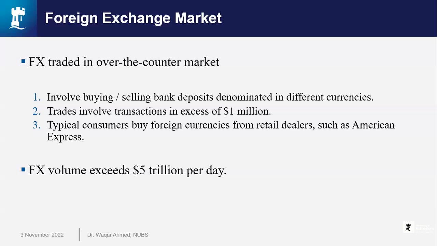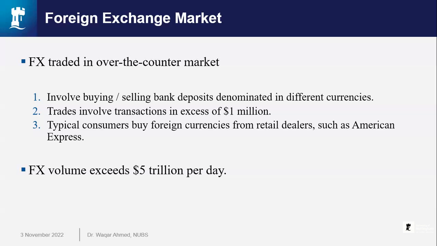Quite a lot of you came from different countries, right? So when you were coming to the UK, what did you do? You needed British pounds, right? So you went to a currency exchanger. It could be a bank, or it could be other brokers as well.